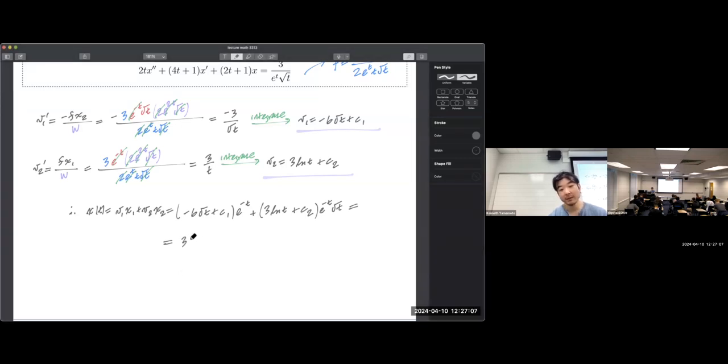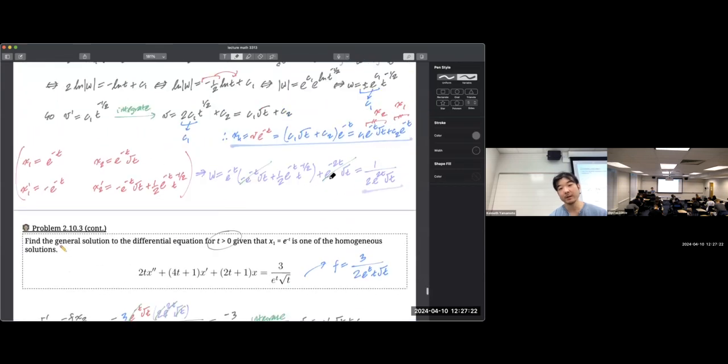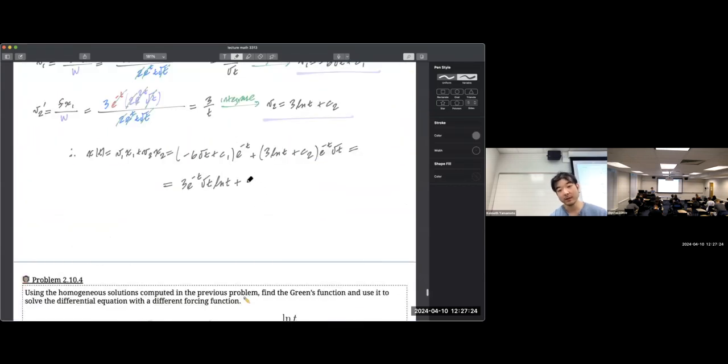If you want to split the particular solution and all that, I'll write an intermediate step later, but the algebra will end up eventually giving you that if you multiply it out and extract the particular and homogeneous solutions, it would be equal to this plus C1 e to the negative t plus C2 e to the negative t square root of t.